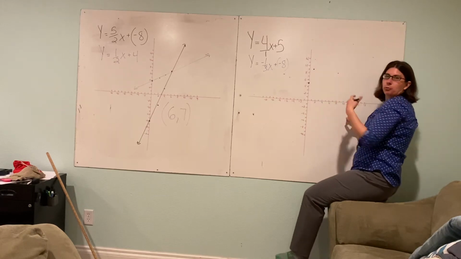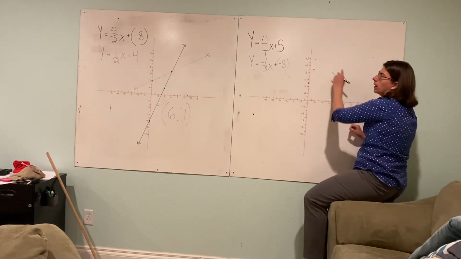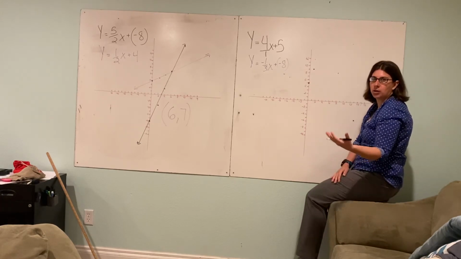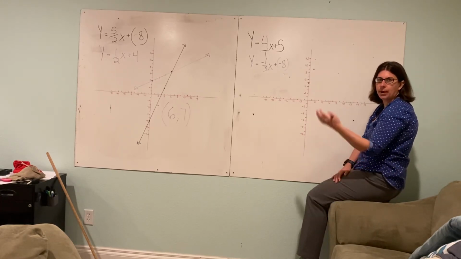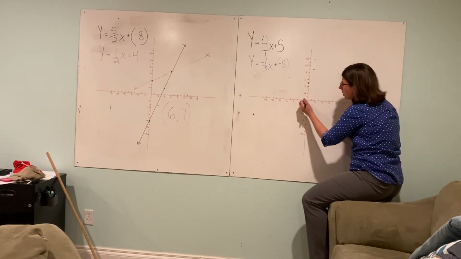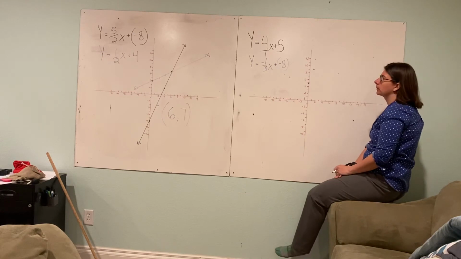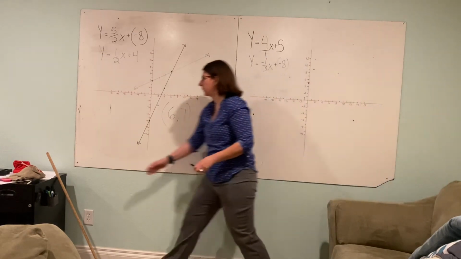We're kind of running out of room on my graph, and so when that happens, we just problem solve a little bit. So we were going up 4, right 1, so we're going to undo both of those actions. Instead of going up and to the right, we can go down and to the left. 1, 2, 3, 4, left 1. Okay, draw that line.